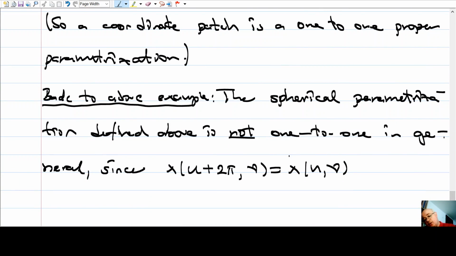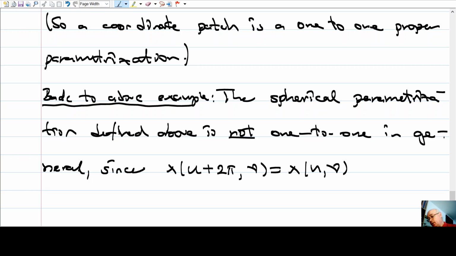So they are not surface patches if we define them not careful enough, if we choose big domains containing both a point u, v and u plus 2 pi, v. However, on a small piece of the plane, they are one-to-one.